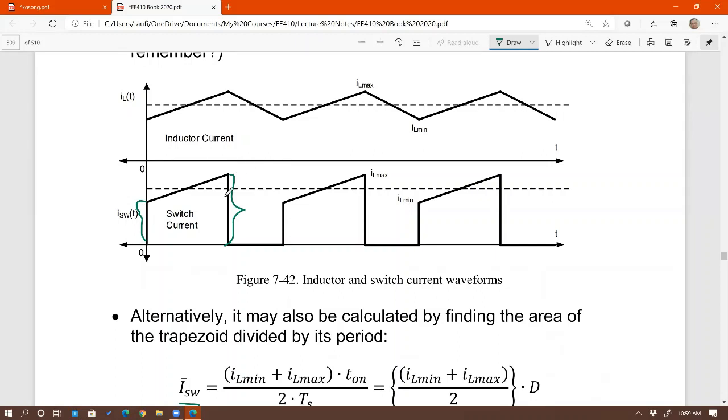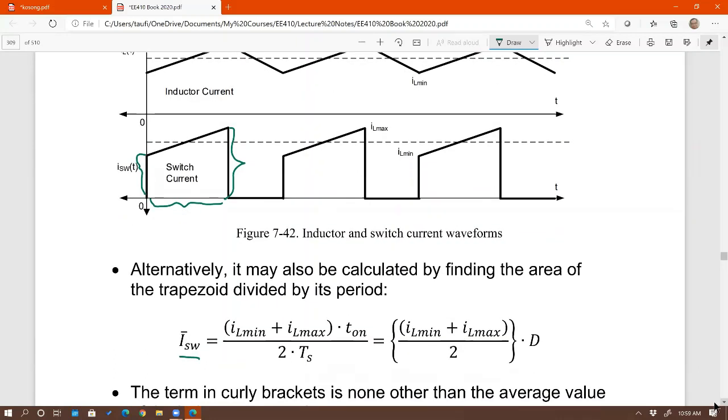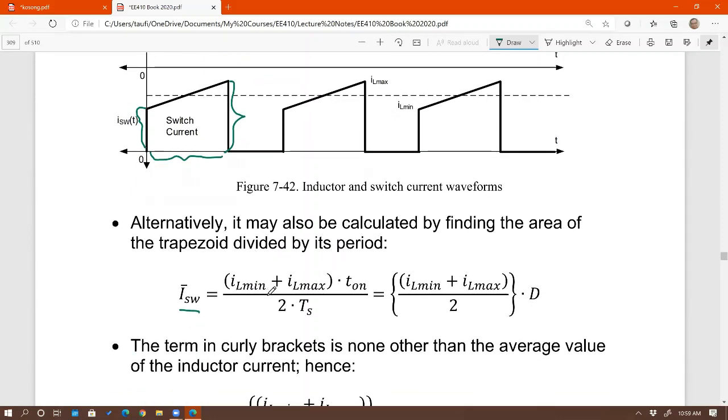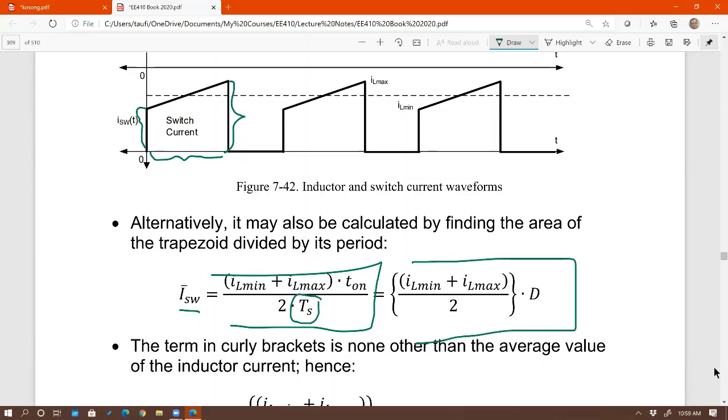So IL min plus IL max multiplied by the width, which is T on, times 1/2, and then divided by the period. That's how you get the area of the trapezoid. So basically that's what I have right here: area of the trapezoid divided by the period, and then that ends up with this equation.